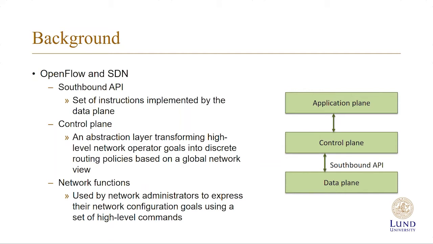They are used by the network administrator to express their network configuration goals using a set of high-level commands. Examples of such applications are firewalls or intrusion detection systems. In this work, we use a custom network function to generate symmetric keys for establishing secure channels between endpoints, which is Flowrider.